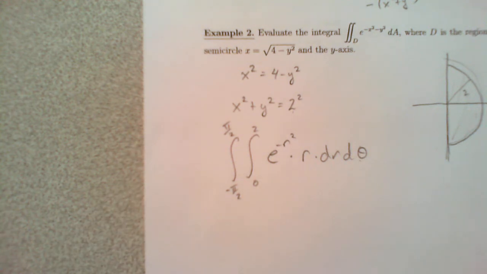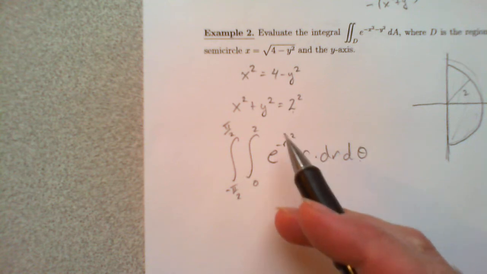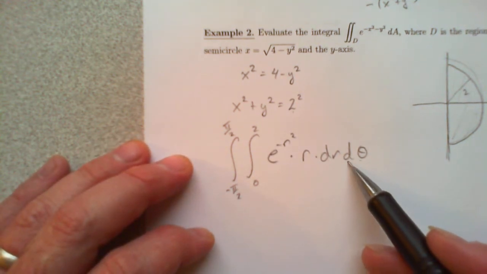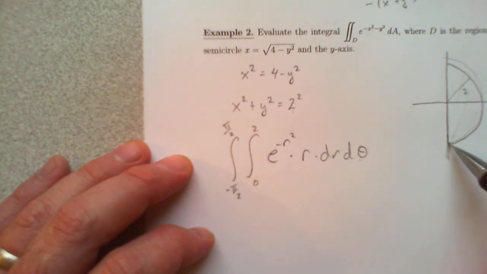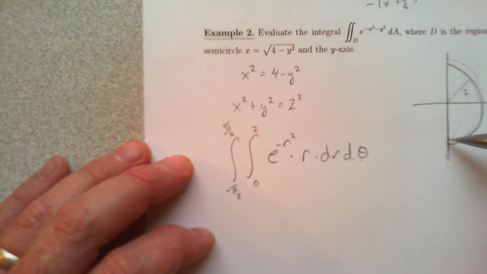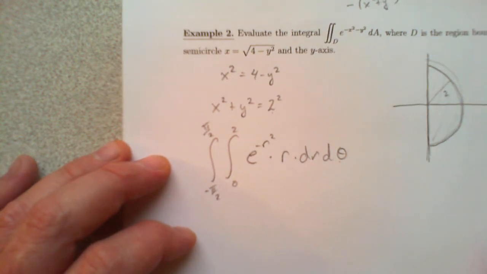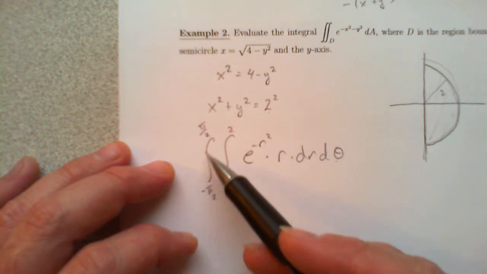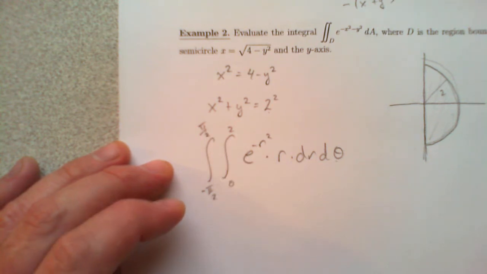Just like the previous example, there's no dependency on theta inside here, so I can easily clean up this integral: the integral for theta is just the length of this distance right here that it travels over, which is pi.